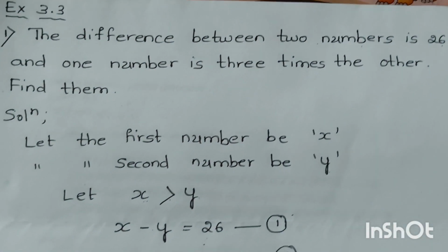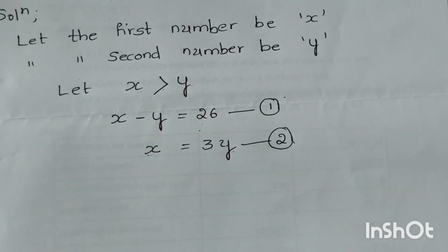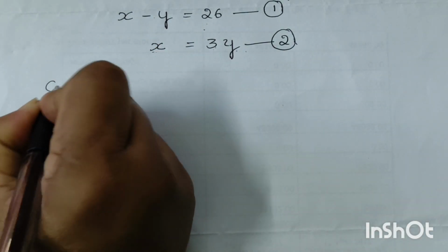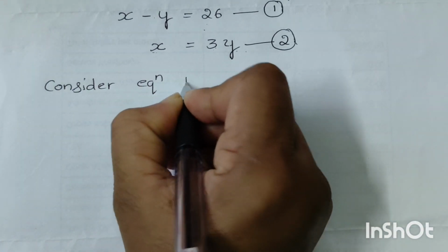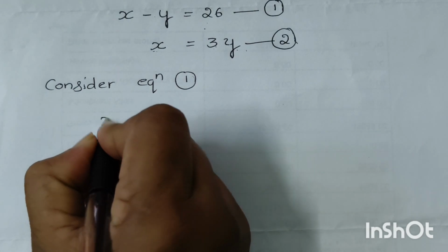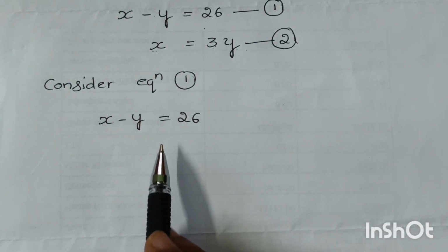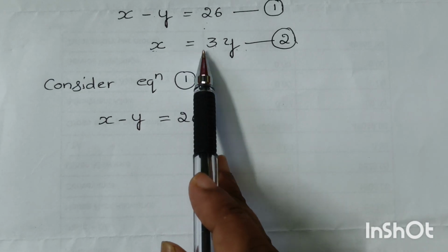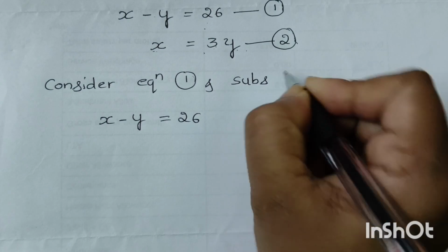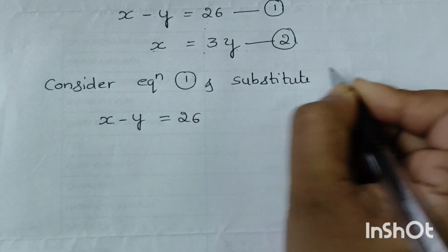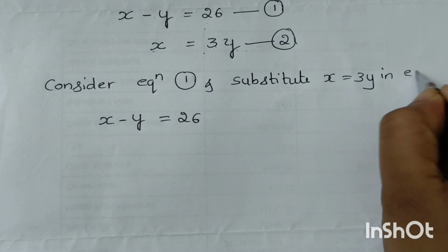Now let us solve this. Our intention is to find out the value of x and y. Now consider equation 1, that is x minus y is equal to 26. Now you can substitute the value of x: substitute x is equal to 3y in equation 1.